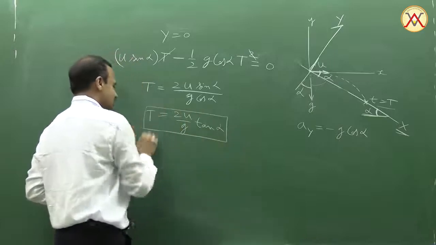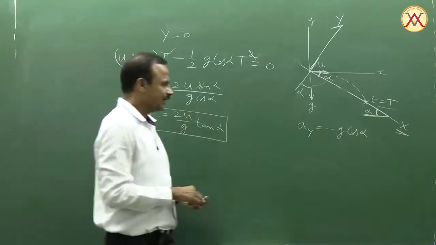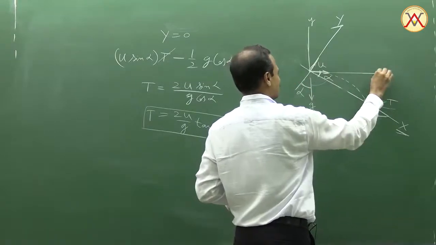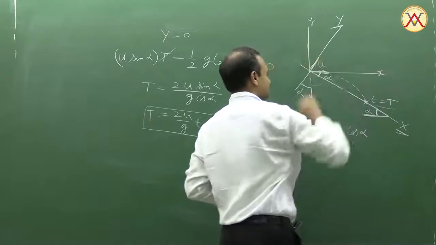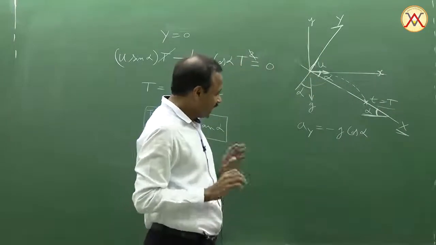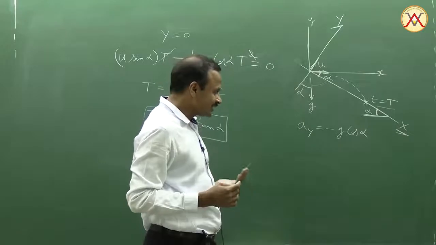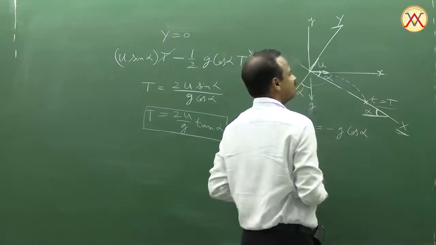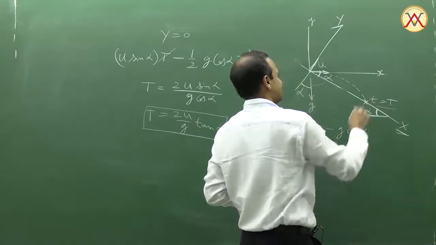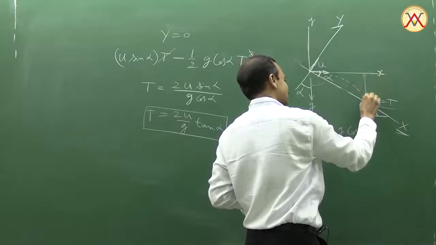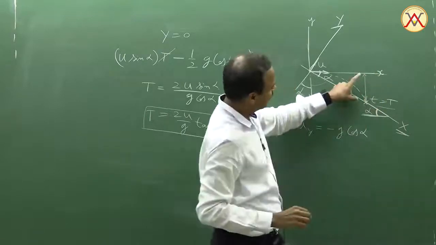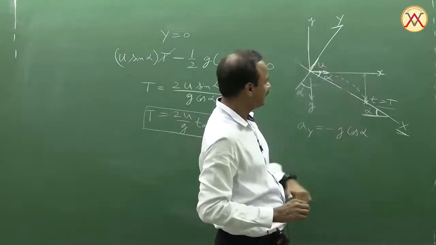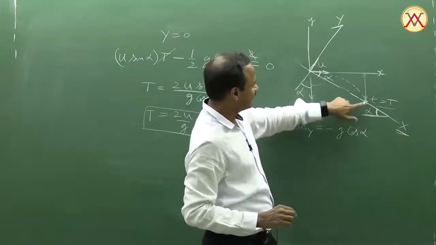Now let's do this using our old coordinate system, horizontal, vertical, small x along horizontal, small y along vertical. The advantage of this system is you don't have to resolve g, so you can simply write the distance by which the particle has gone below horizontal.